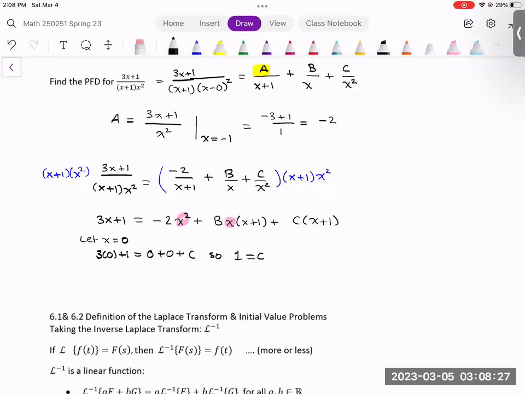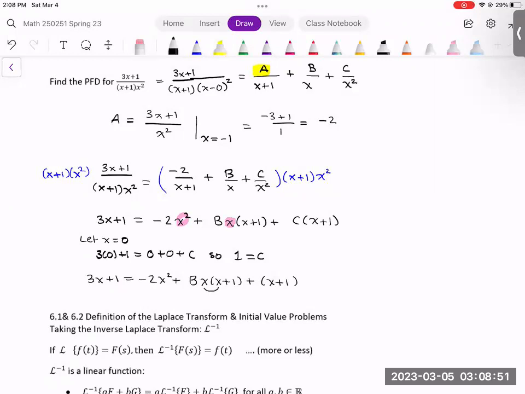And so we have 3x plus 1 is -2x squared plus bx times x plus 1 plus x plus 1. And we could either plug in or something that's maybe useful to look at are these highest powers.